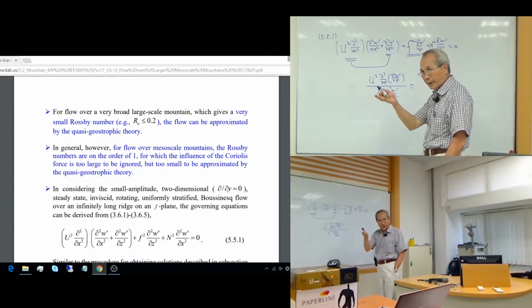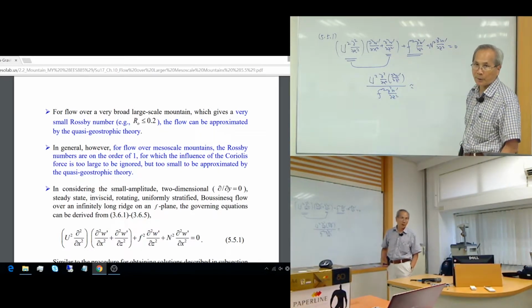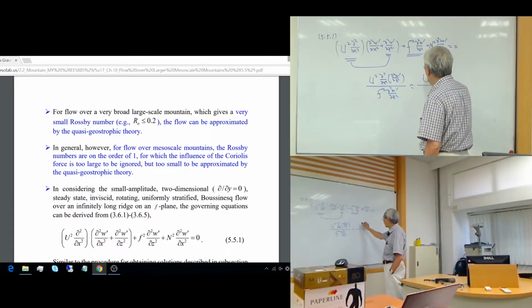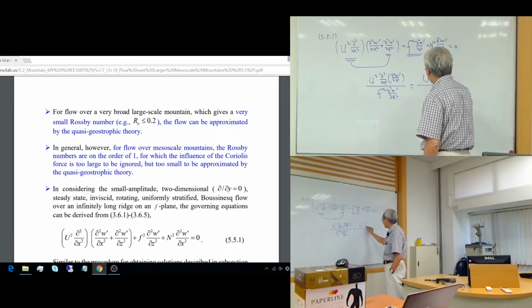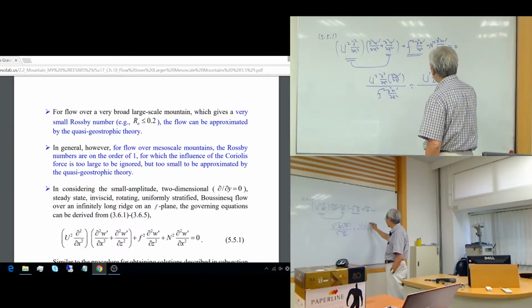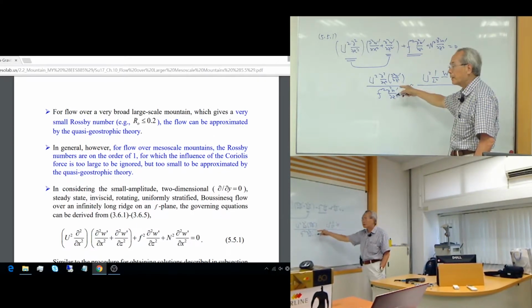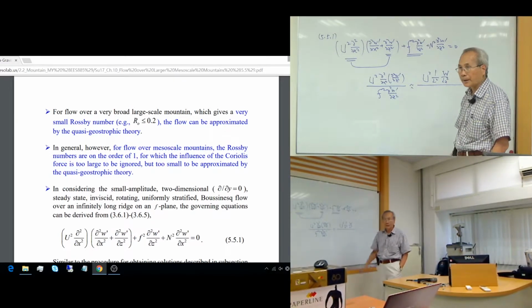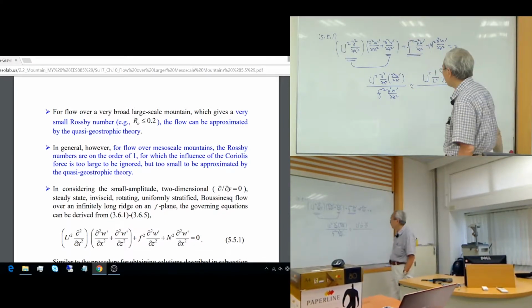Based on the scale analysis you learned from dynamic meteorology, this is roughly U squared over L squared, and w over L_z squared, where L_z is the vertical scale of the system.